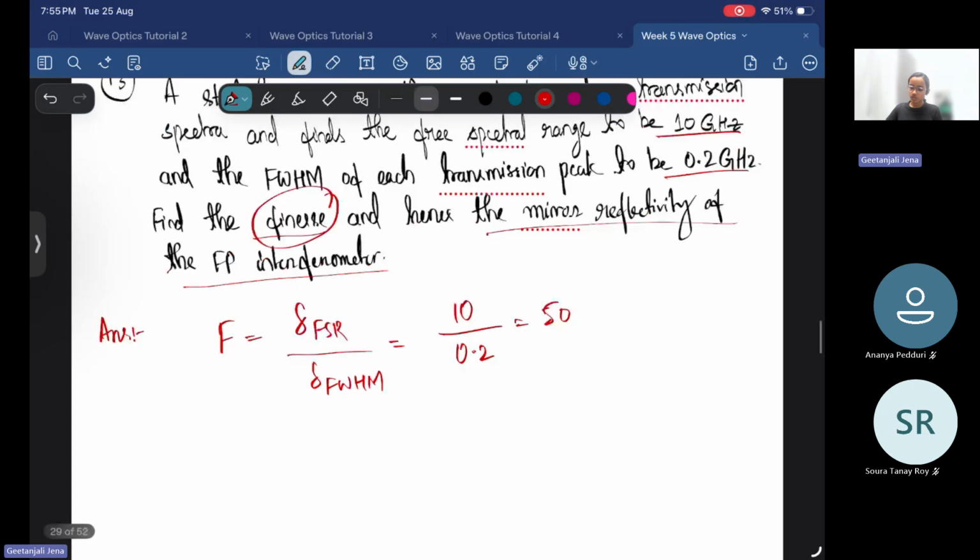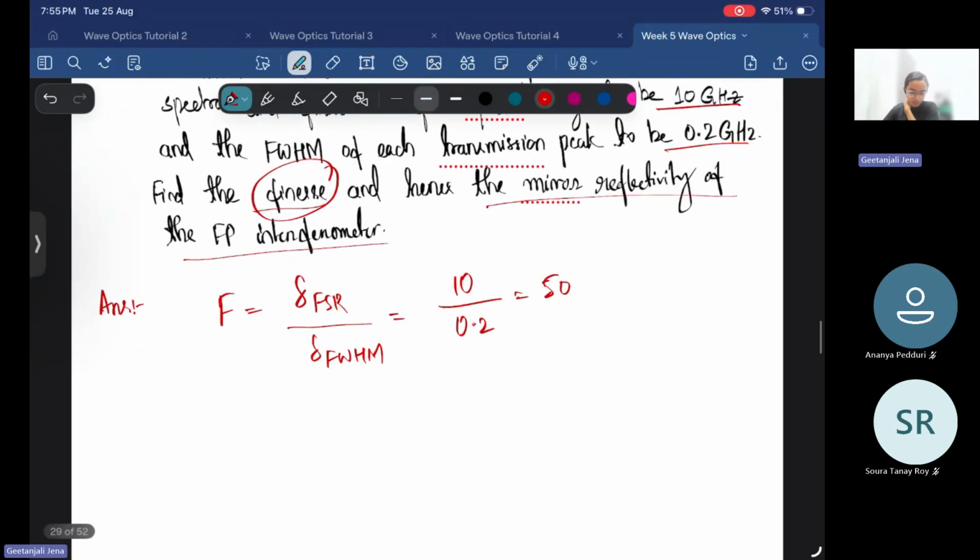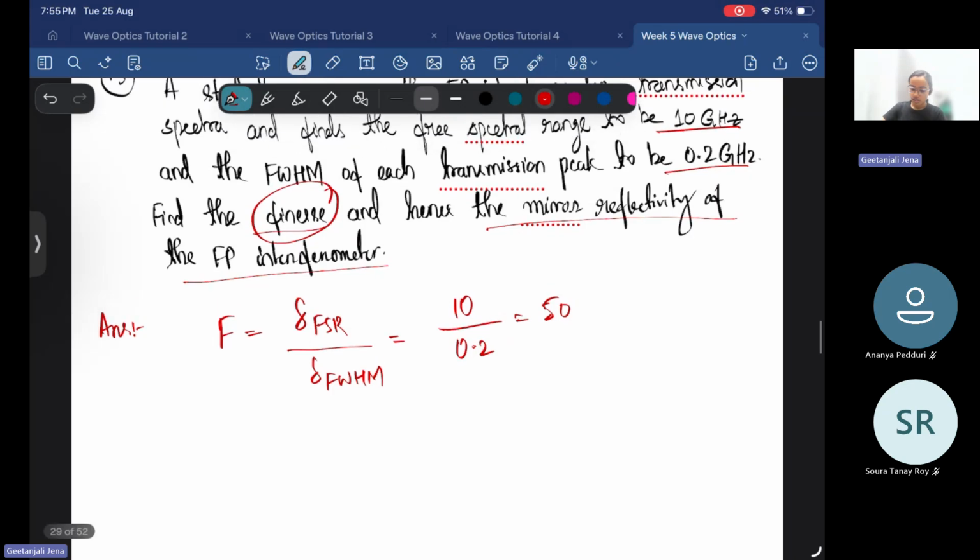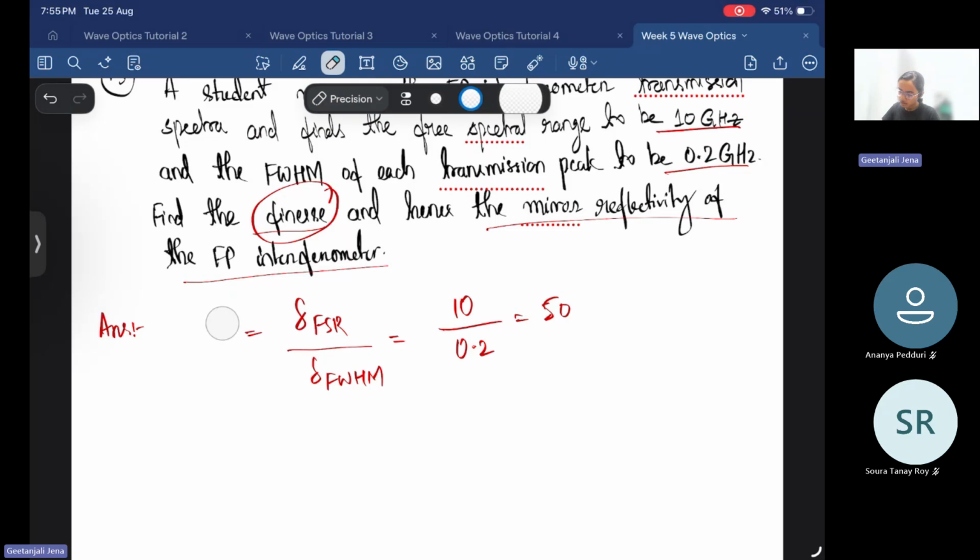So the next part is to calculate the mirror reflectivity. For that, what we can do is, this is the coefficient of fineness, right? Fineness symbol is, I think, this.